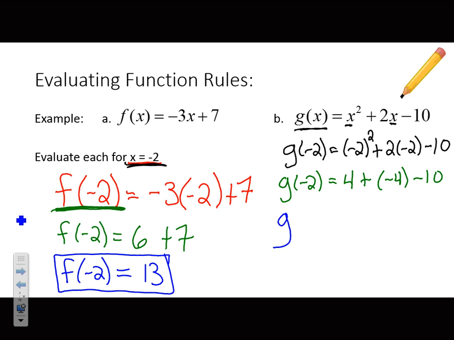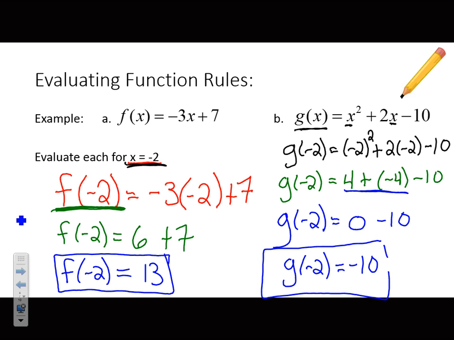So the value of g at negative 2 equals, this right here is going to give me 0 minus 10. So g of negative 2 equals negative 10, which is saying whenever the x value is negative 2, my answer is going to be negative 10.